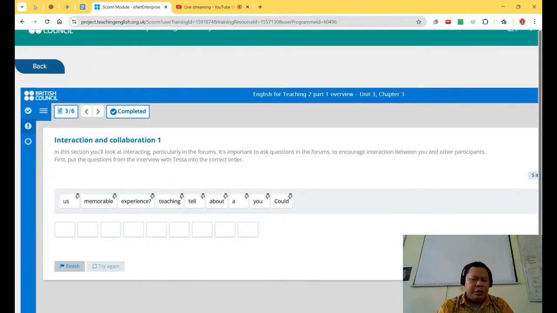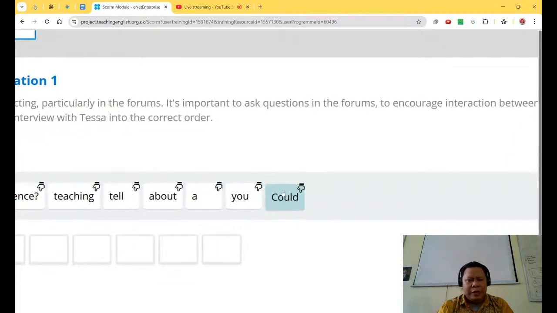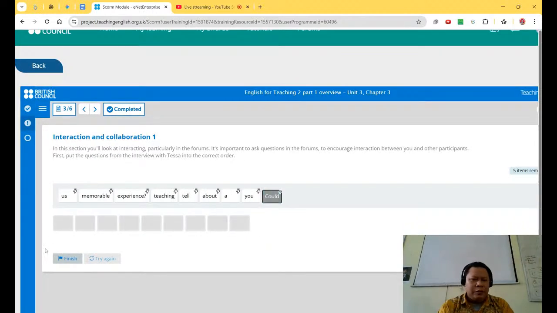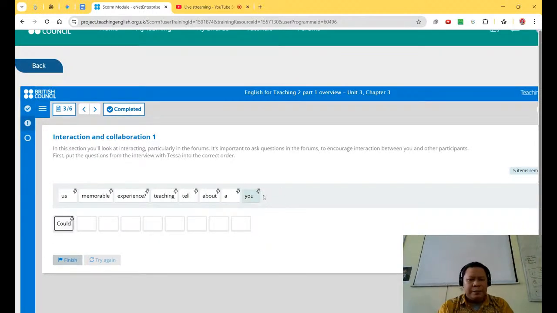Now for the next part. Can you guess which one should be the first word? Yes, you're right. You must use the capital letter here. Could is a modal, and then we need the subject you, and then the verb tell. Could you tell? And then we need the object us, and then the second object about.